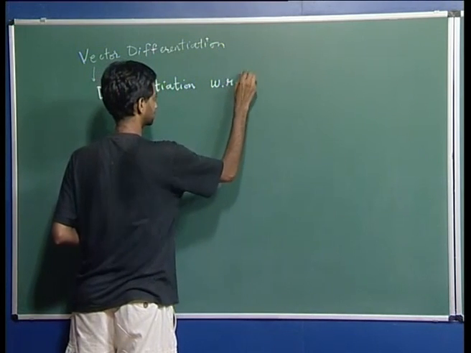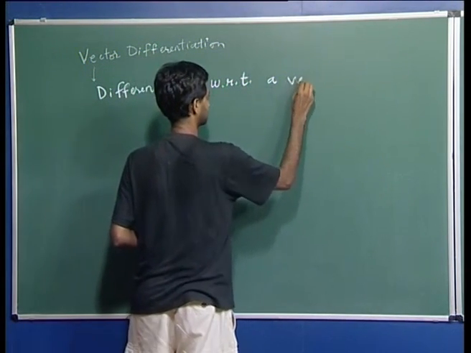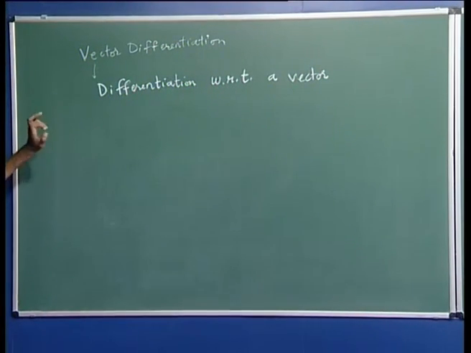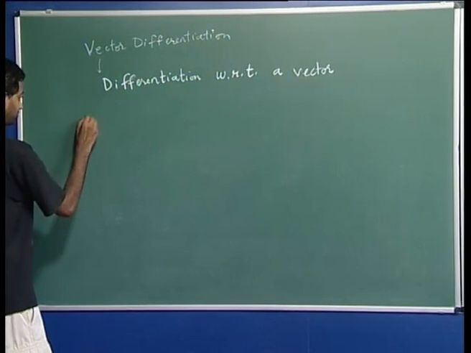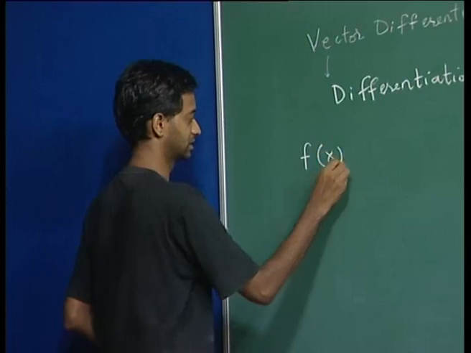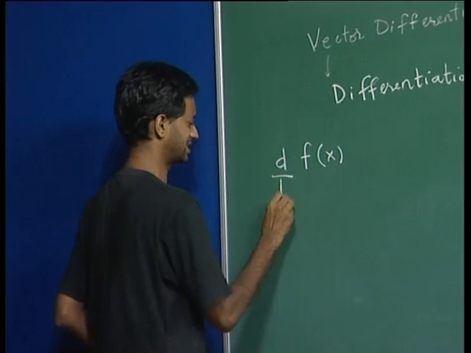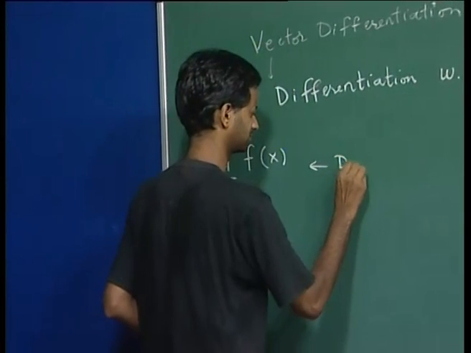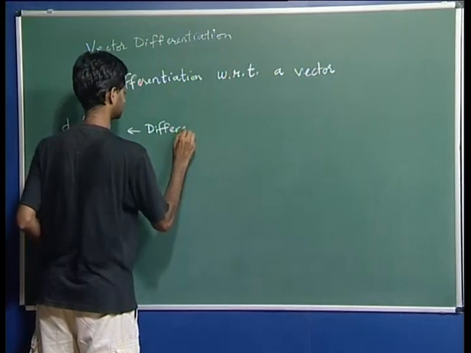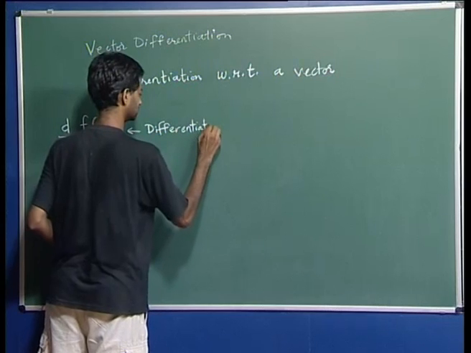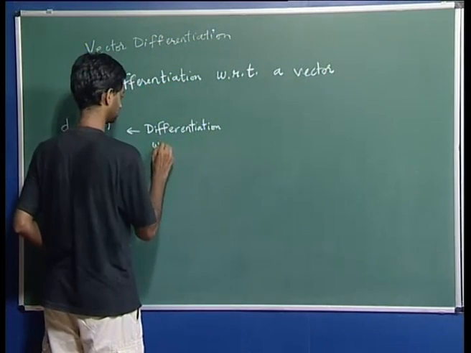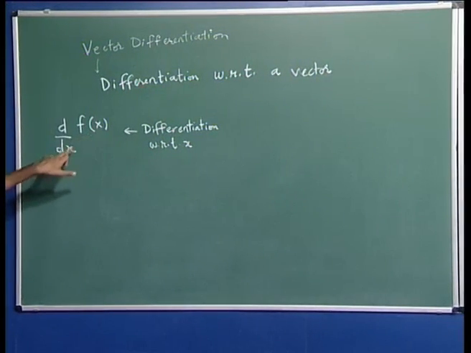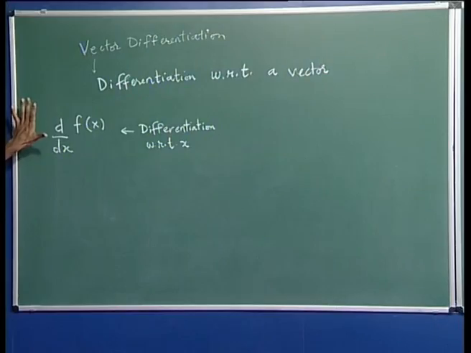If you had a function f of a single variable, then we can define something like d by dx. So this is differentiation with respect to x, where x is a simple scalar variable, and d by dx is the usual derivative.